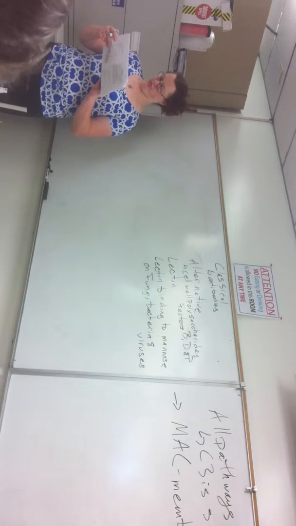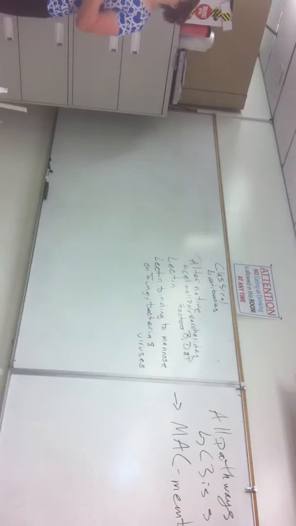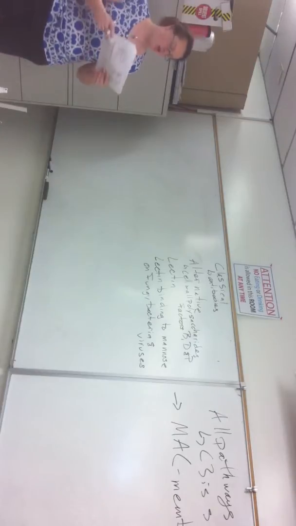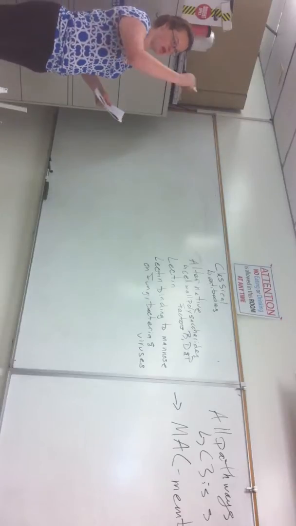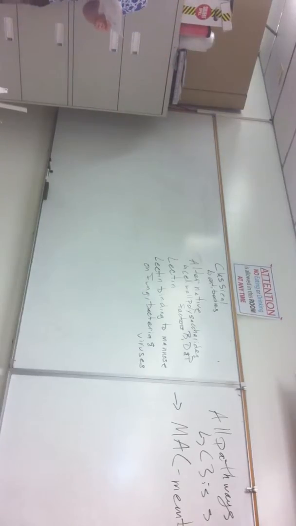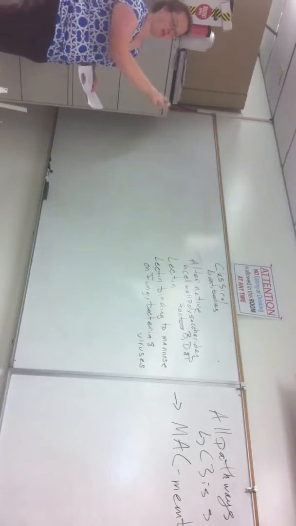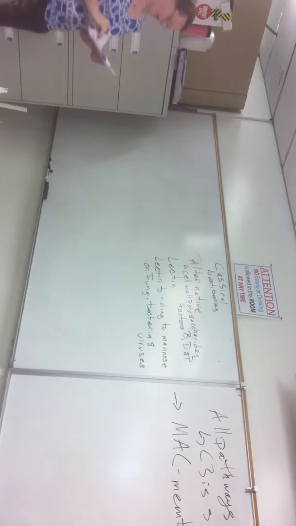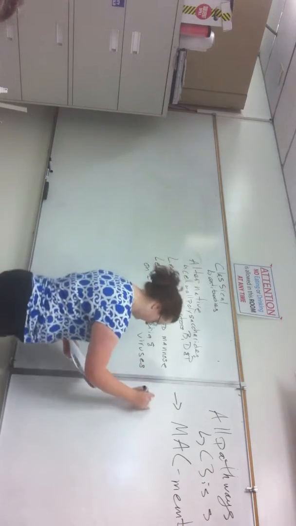So we have pretty pictures, all the holes that it chops up. Now, we kind of jumped over one of the outcomes. The outcome is we're going to get that membrane attack complex, but in the middle there, we're also going to end up getting inflammation.